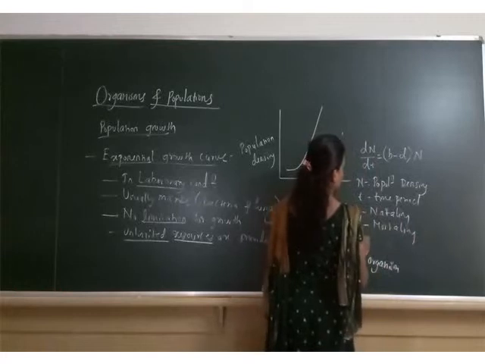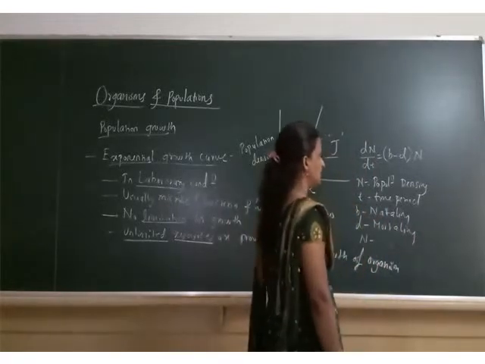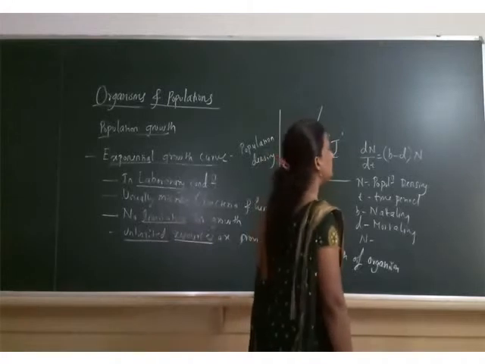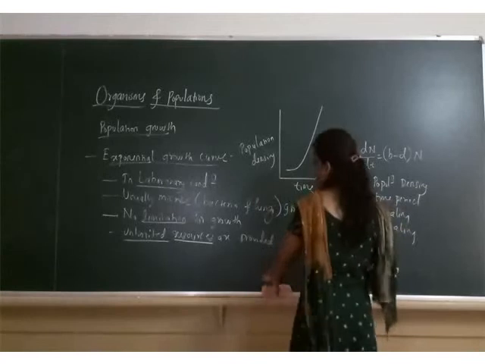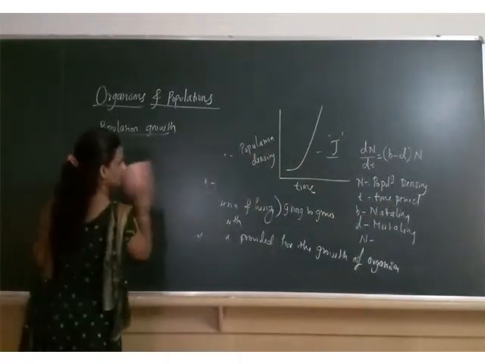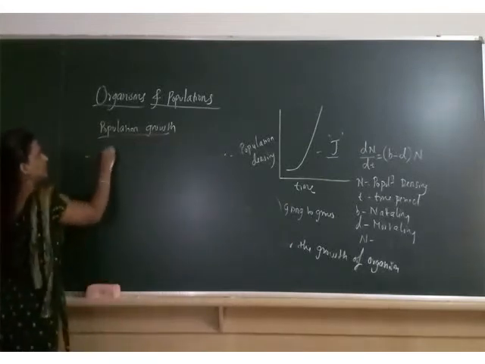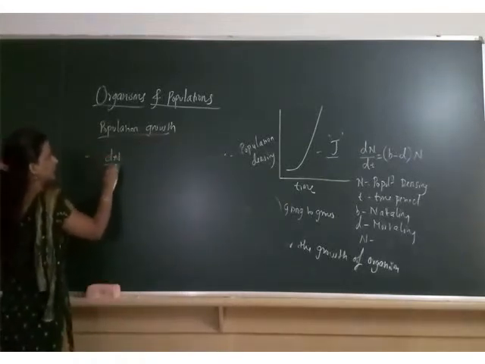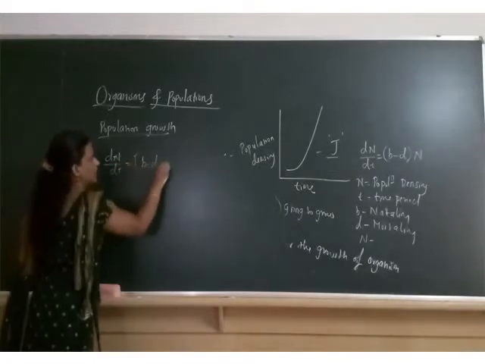And again N means here population size or population density. Okay, and this is the simple calculation. Instead of b minus d, here if we add, what is that calculation? dN divided by dt is equal to b minus d into N.